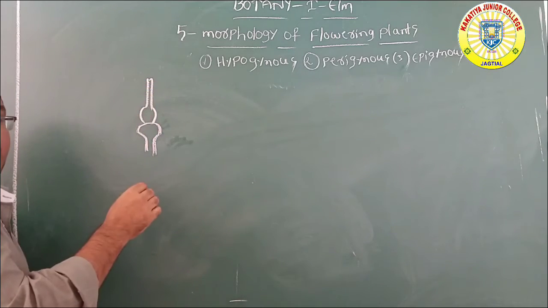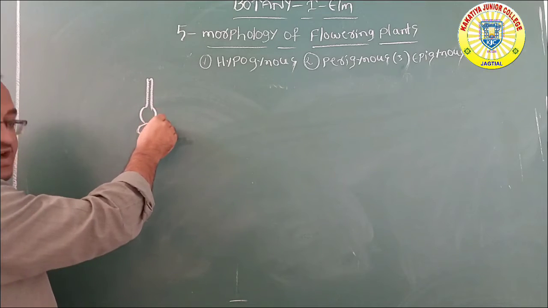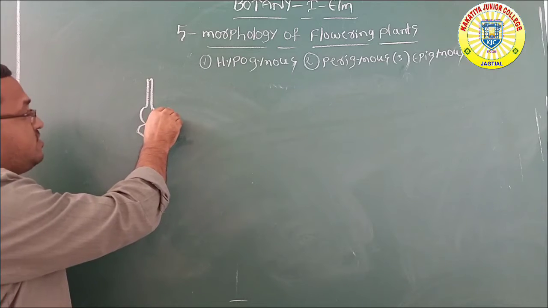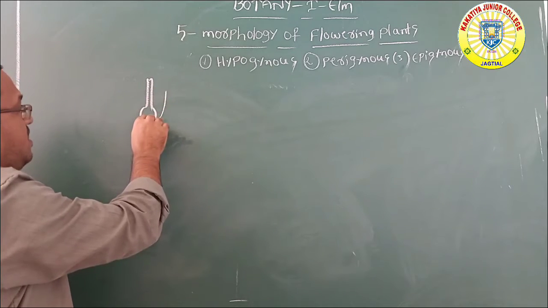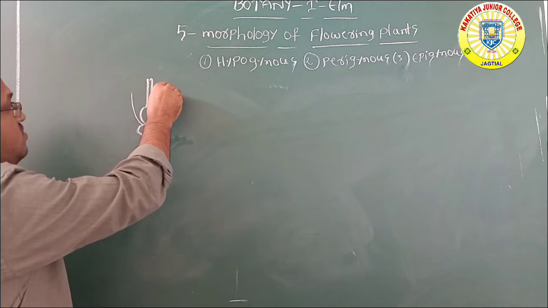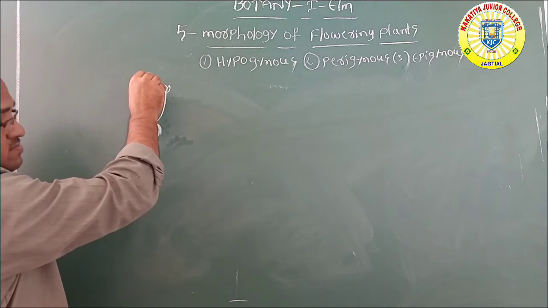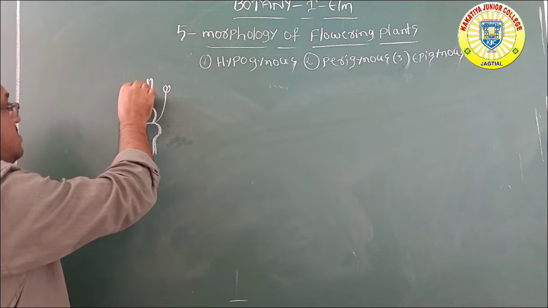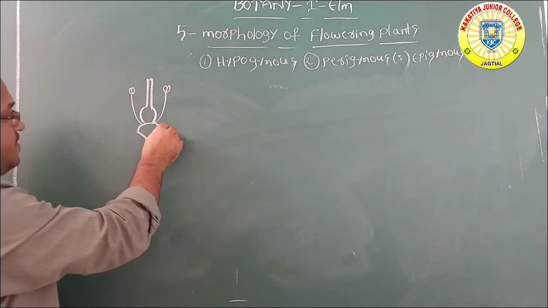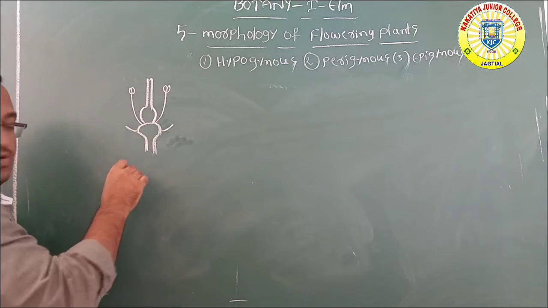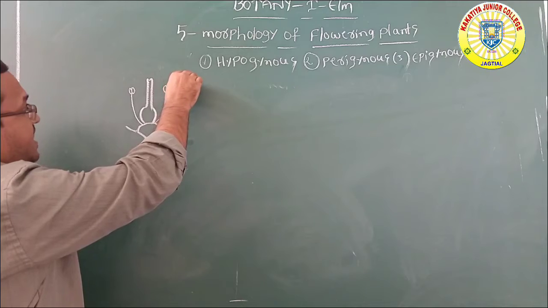Based on the position of the ovary, how the remaining parts are arranged: how the androeciums, the stamens are arranged, how the sepals are arranged, and how the petals are arranged.